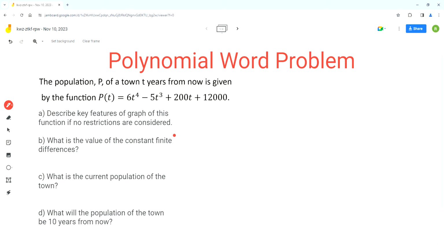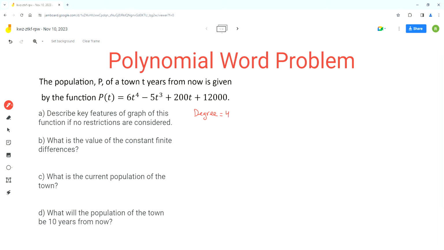This function is a polynomial function, so the key features can be described in terms of the degree, the leading coefficient, and the end behavior. For this function, the variable is t and the highest power on the variable is 4. So the degree of this polynomial function is 4.